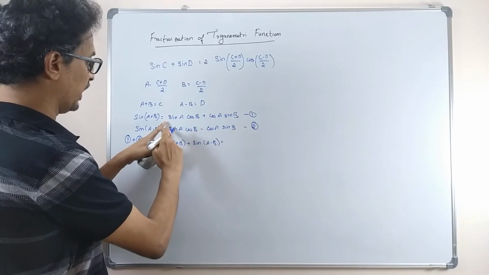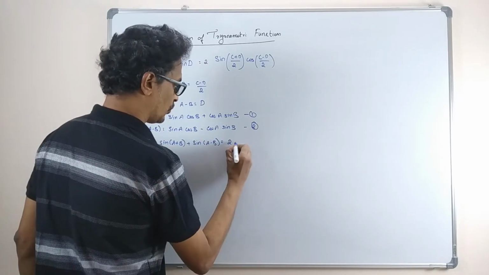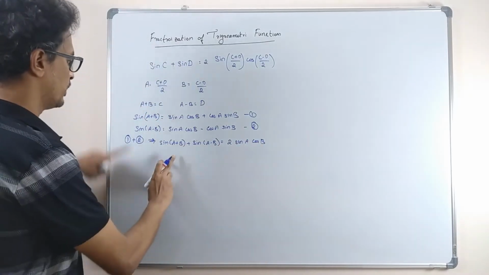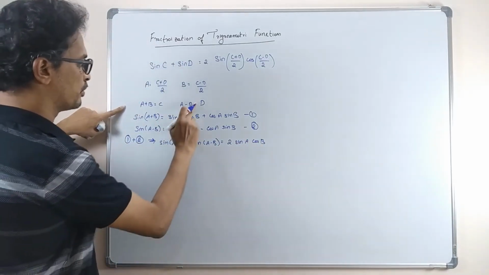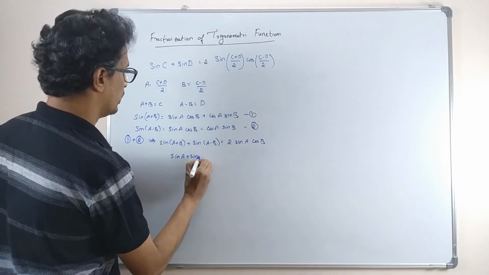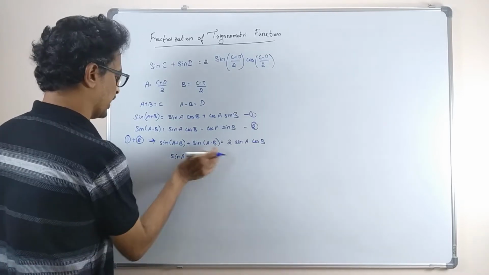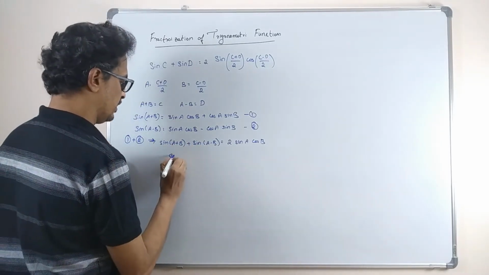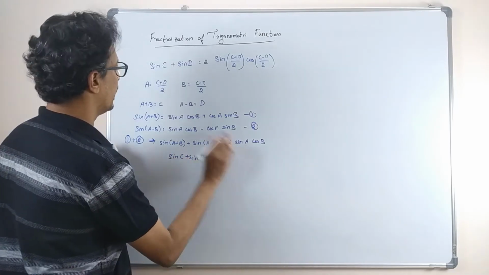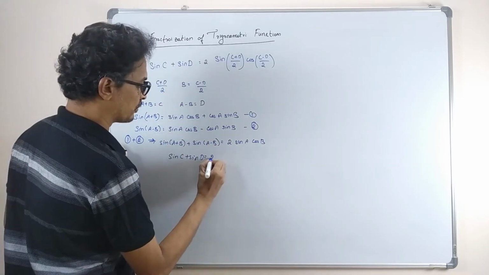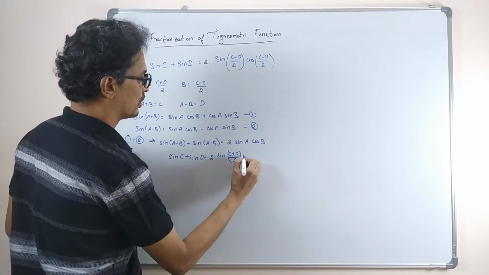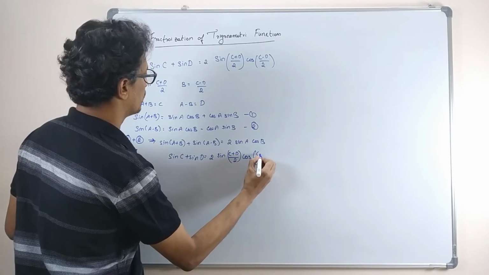So we will have 2 times sine A cos B. Now you substitute: A plus B is C and A minus B is D. So sine C plus sine D will be equal to, what is A? A is C plus D by 2. So we got the formula, right? Sine C plus D by 2 cos C minus D by 2.